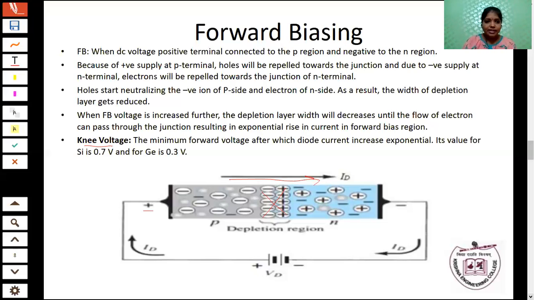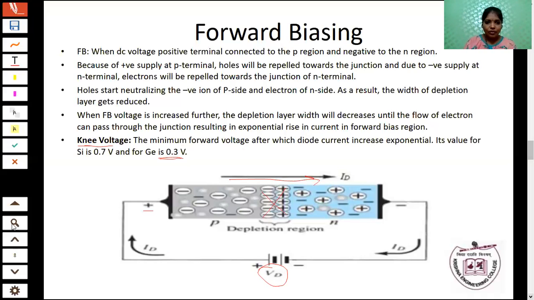So the knee voltage is also called the cut-in voltage or threshold voltage. So knee voltage means what? The minimum voltage required for the diode to increase the current conduction. Okay. After this cut-in voltage, for example, if you are using a germanium material, the knee voltage is 0.3 volt. When you increase the diode voltage above 0.3 volt, the diode current starts to increase exponentially.